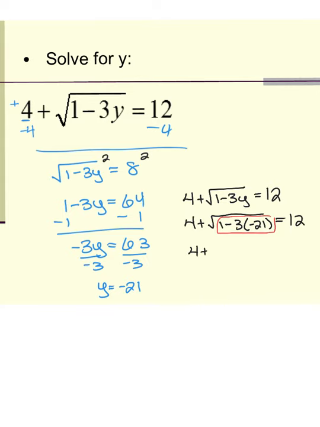This is going to give you 64. Don't forget the radical there. Now, if I square root 64, I know that's 8. And 4 plus 8 is 12. Since that's a true statement, this is a valid answer.